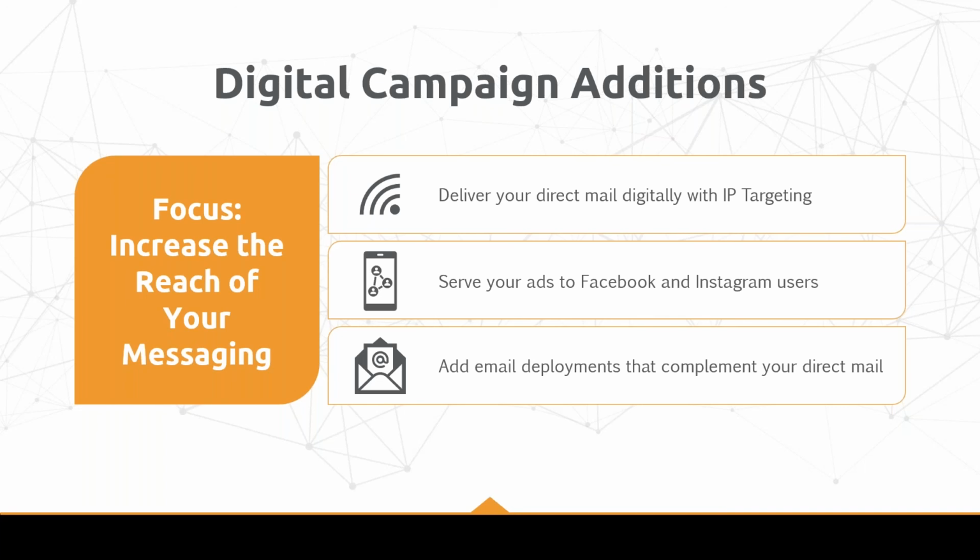Another way that you can increase your reach would be through social media. So many individuals are using Facebook and Instagram. They can get a great match to that direct mail list using those channels as well. Any data provider that you're working with, or an advertising agency for that matter, can work with you to develop what those ads will be and upload them into Facebook and Instagram to target those individuals through those social media platforms.